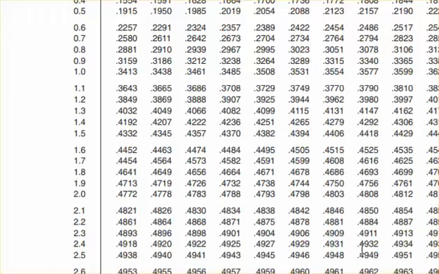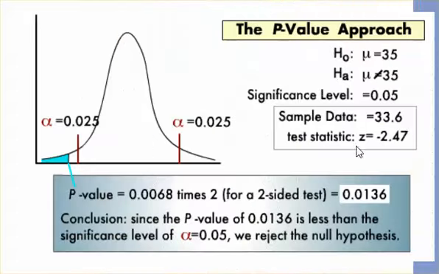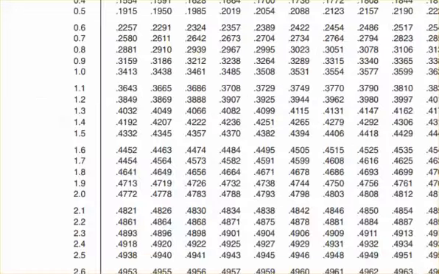Since this particular table is looking at 50%, if we're to the left or to the right, one is simply the mirror image of the other. So negative 2.47 constitutes an area of 0.4932.